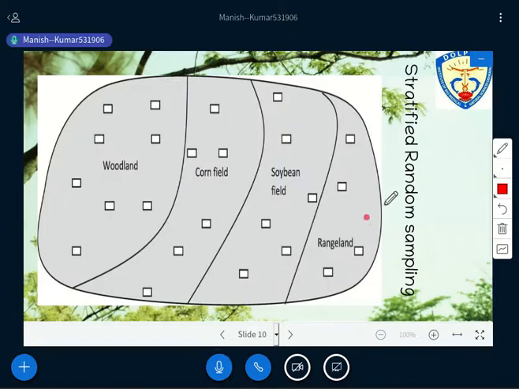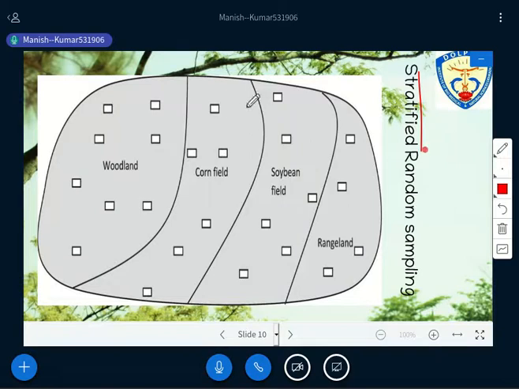Now the next is stratified random sampling. As the name says, stratified, you can just look at here, right? Stratification means you are dividing the whole population into different strata, then you are taking a sampling unit from each of them as per their size, or in proportion to their size.